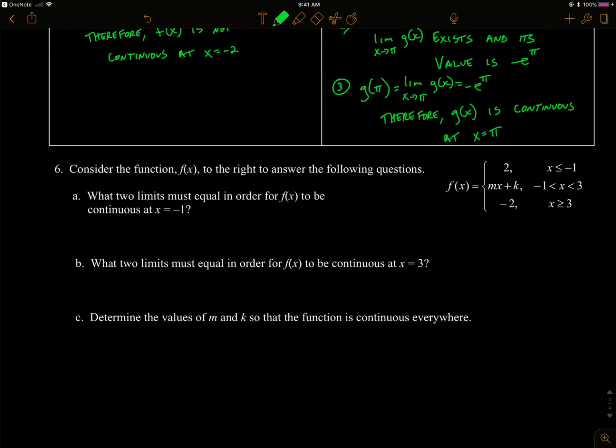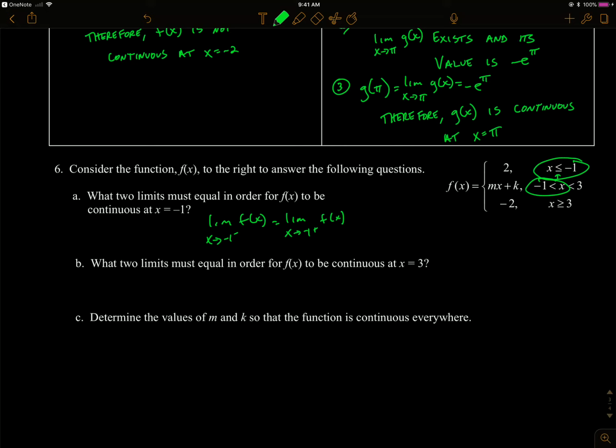What two limits must be equal in order for f of x to be continuous at x equals negative 1? So I look at negative 1, and this would represent the limit from the left. This would represent the limit from the right. And since it's also equal to at negative 1, we have to say then the limit as x approaches negative 1 from the left of f of x would have to be equal to the limit as x approaches negative 1 from the right of f of x.